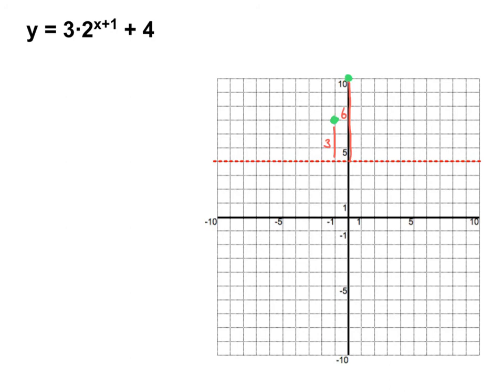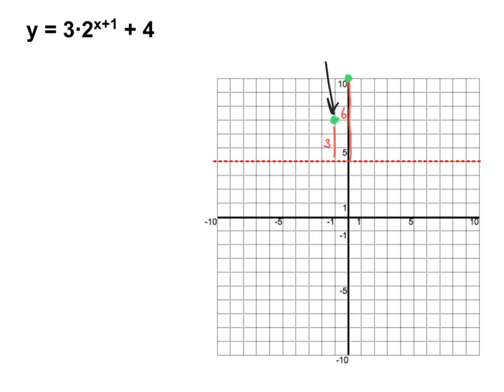Now, obviously, I'm not going to be able to fit any more going off to the right because I'm off the grid. However, if you do want to plot some more points so that you can be a little bit more accurate, you can use that same pattern heading off to the left. Because here we have our height of 3. Well, if I double as I go to the right, that means I'd be cutting it in half going to the left.